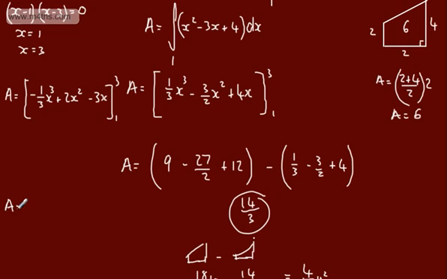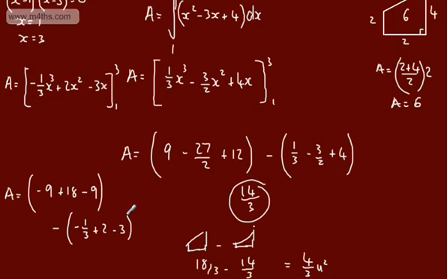The area is going to be now minus 9, so let's put in minus 9. Then, subbing in 3, we're going to get 18, then minus 9 again, so minus 9, and then subtracting away from that, evaluating 1, which is minus 1/3 plus 2 minus 3.